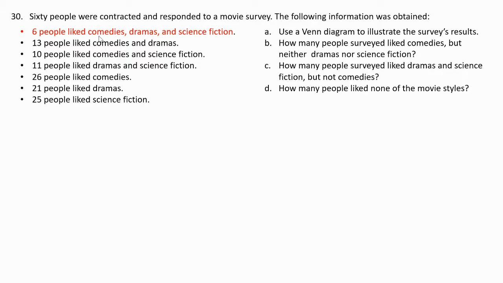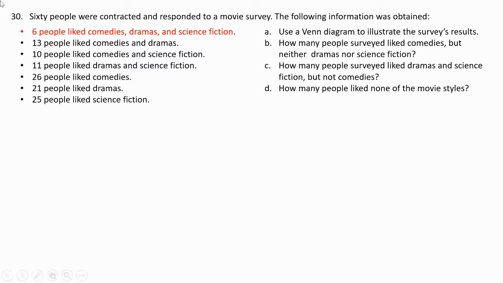Then 13 people like comedies and dramas. 10 people like comedies and science fiction. 11 people like dramas and science fiction. 26 people like comedies. 21 people like dramas. 25 people like science fiction. Now you have to answer these 4 questions, A, B, C, and D. A says use a Venn diagram to illustrate the survey's results.